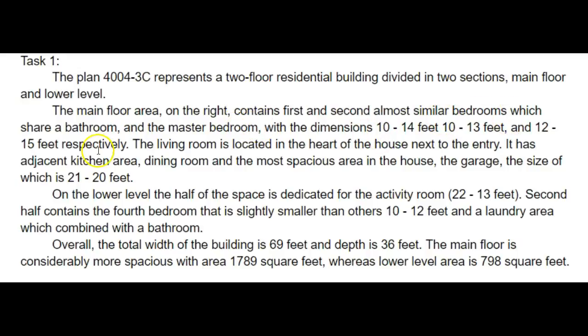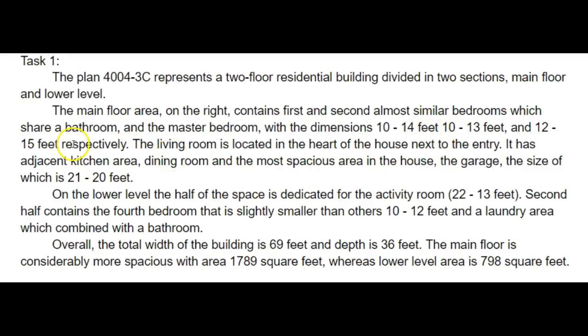I think what's happened here is we really want to use this respectively phrase, and so we've tried to find a way to use it. But it's made this sentence a little bit long and just a little bit clunky. So if you want to list the sizes of the 3 bedrooms, I would say the first, second and master bedroom with the dimensions X, Y and Z respectively.